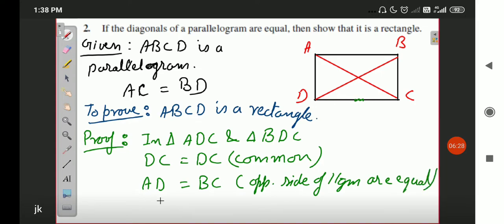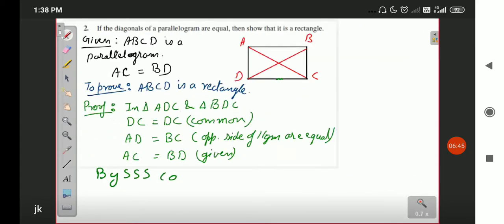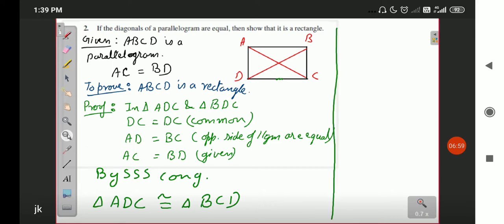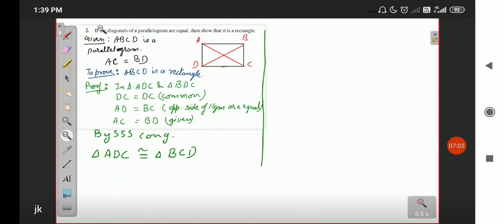And finally, diagonal AC and diagonal BD are equal as well, because that is given to you. So what congruency do we apply here? By SSS congruency, both of these triangles are congruent. Triangle ADC will be congruent to triangle BCD.